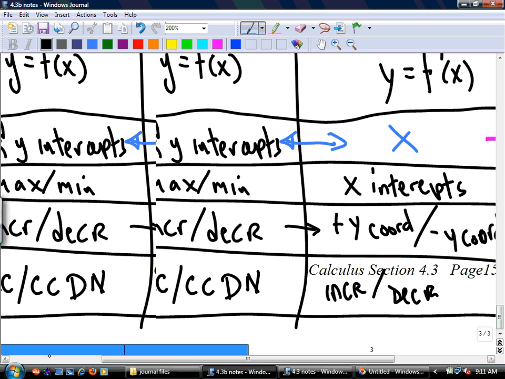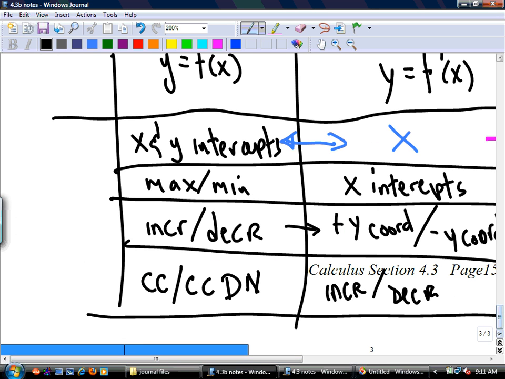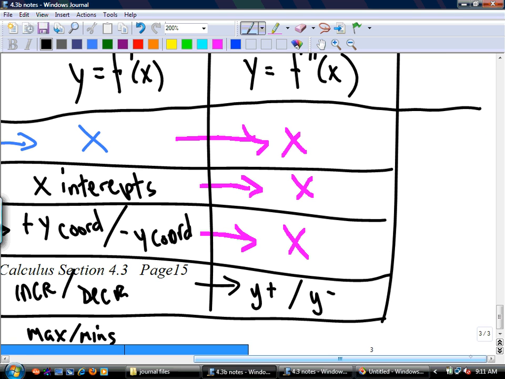What's the only thing I didn't put on this table? I was stupid and didn't put it there. No, I got that. IPs. IPs become maxes and mins, which become x-intercepts.